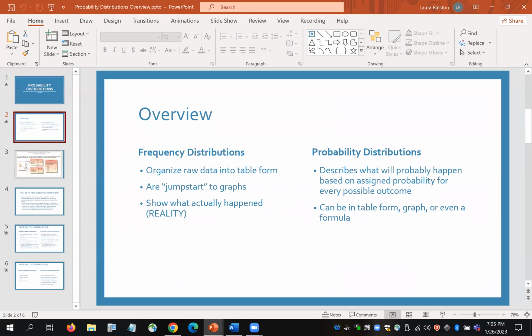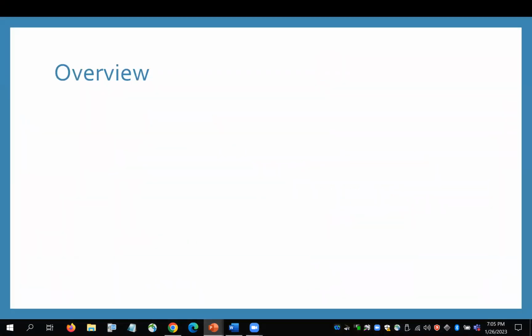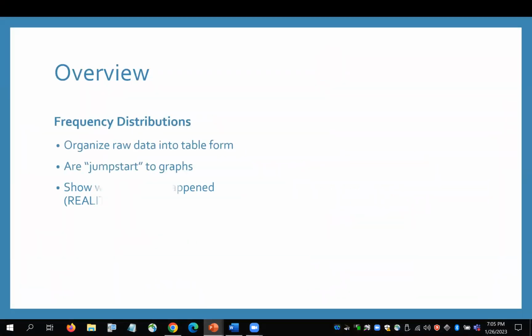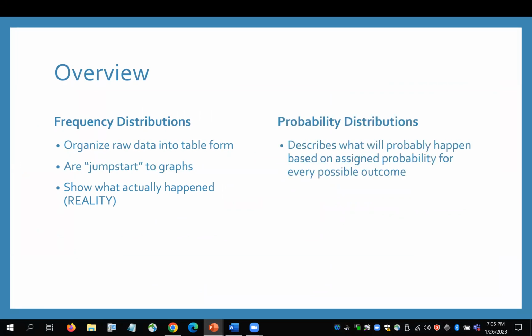And again, it's more of a theoretical model than the reality. The frequency distributions that we've talked about previously are our reality. Our probability models are kind of the pie in the sky. This is what we think should or could happen.